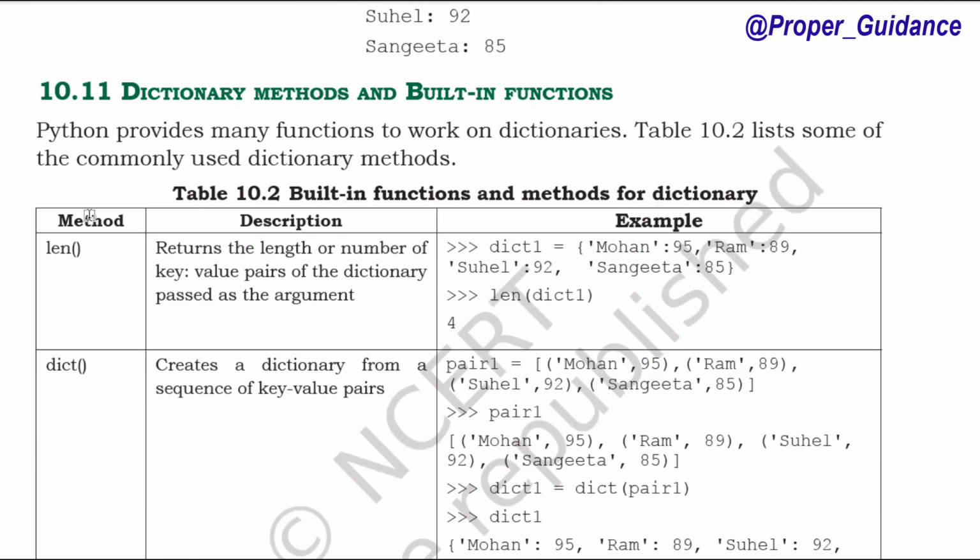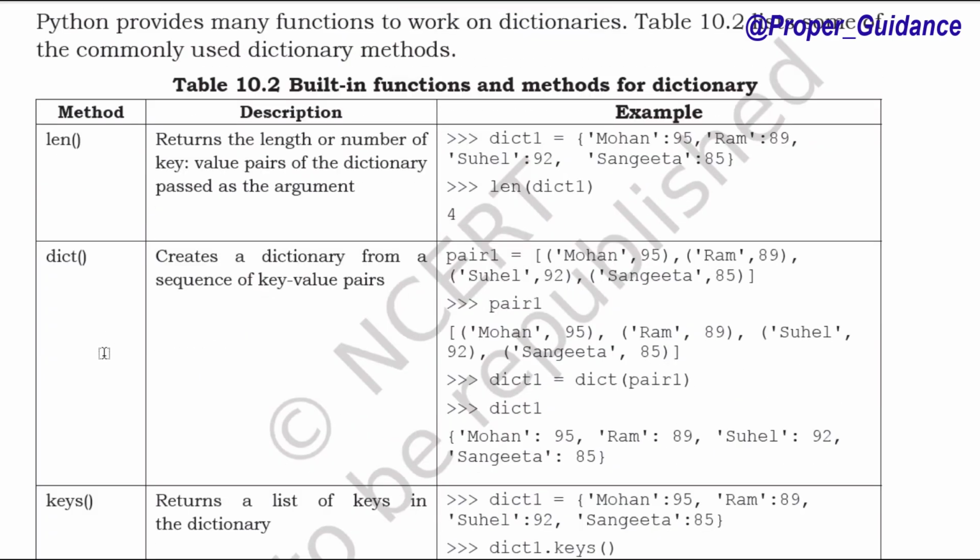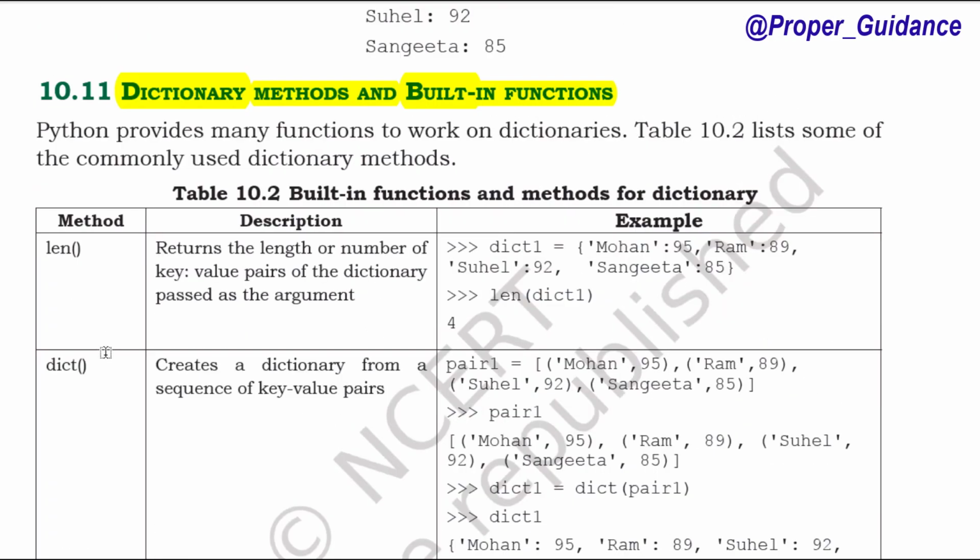And dictionary methods and built-in functions. Wherever you get these types of chart, you should go through this particular chart completely. I will not say that you will memorize, but you have to go through completely, and you have to know what the functions and inbuilt methods are used for particular things.